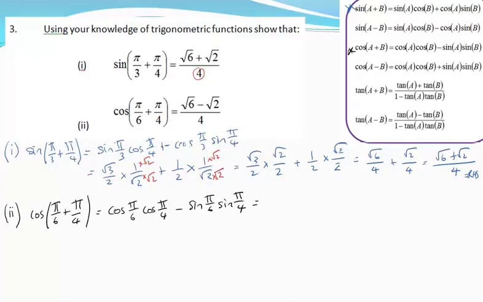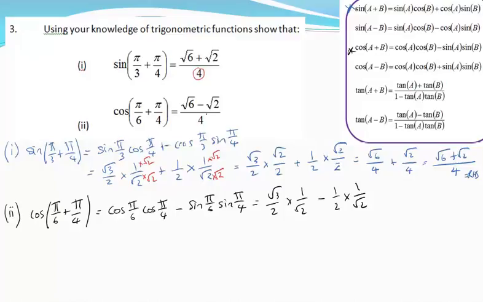We substitute our values in. So we have cosine of pi on 6 is root 3 on 2 multiplied by cosine of pi on 4, which is 1 on root 2, minus sine of pi on 6, which is a half, and sine of pi on 4 is 1 on root 2.